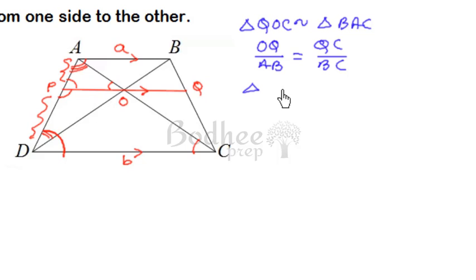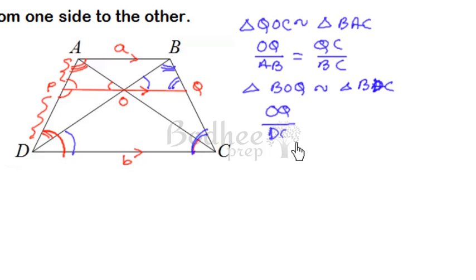Again, if I take triangle BOQ, which will be similar to triangle BDC, with the same logic that this angle will be equal to this angle, and angle B is common here, right? So all three angles are equal, so this pair of triangles will also be similar. So OQ upon DC will be equal to BQ upon BC.